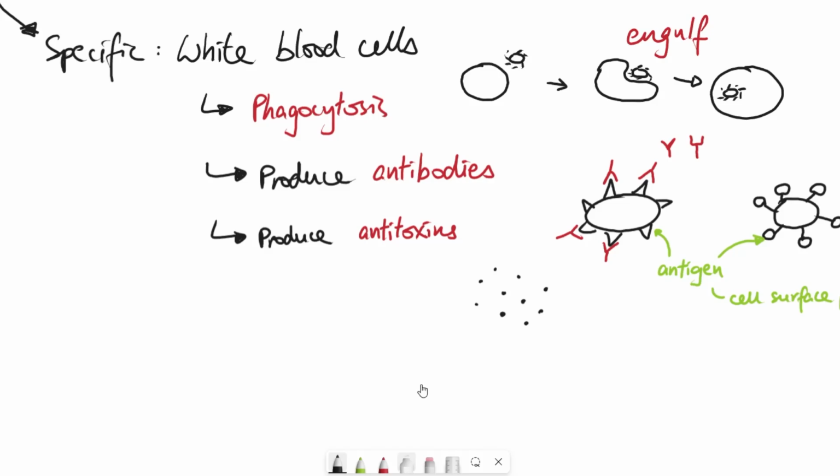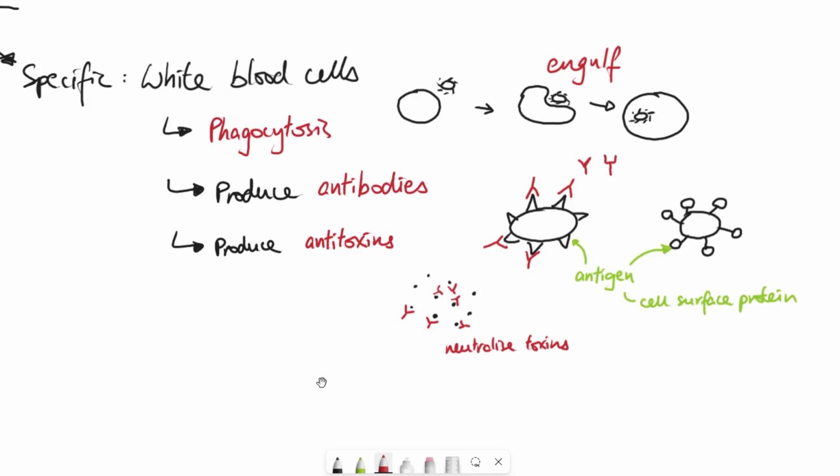So the way that the antitoxins would work is that the antitoxins can then bind to them. So it stops them from binding to the other parts of the body. So therefore, it's not going to affect how the body works. So it neutralizes the toxins. Right? So neutralizes the toxins. So that's the phrase that we use.